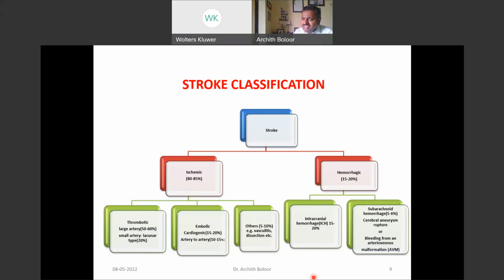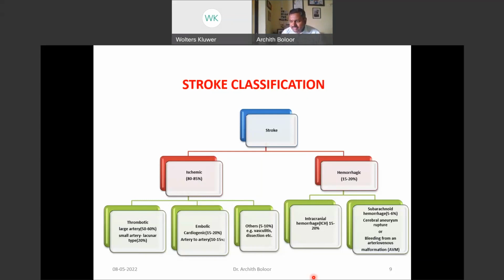If you take the entire number of strokes, almost 30 to 35% of strokes, etiology wise, still remain what we call cryptogenic, where we are not able to localize the particular etiology. So that is a major cause of strokes, though it could be thrombotic.